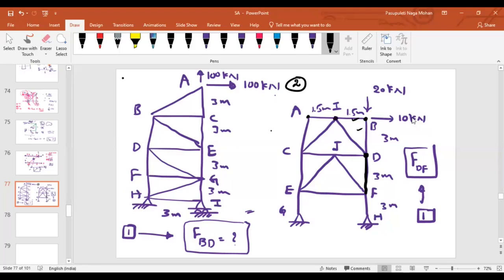Even if I take this joint, first I have to solve this and I know the force on this member. And then I'll take this joint, and this one and this one I'll know. And then only I should jump to D, isn't it?